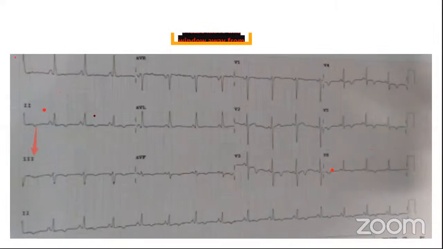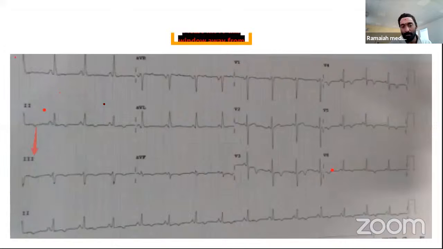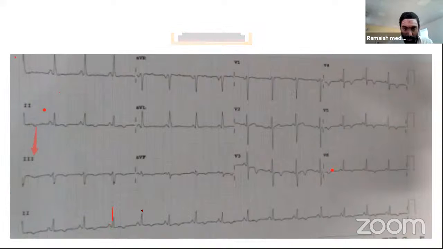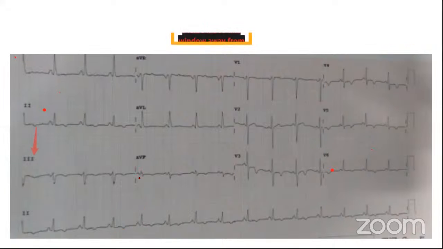Would that be normal or abnormal? It's normal, sir. So PR interval is over. What about the QT interval? It is more than 1 big box plus around 2, 3. So it is 4 boxes. It is within half of the RR interval, which is normal. So intervals are over.